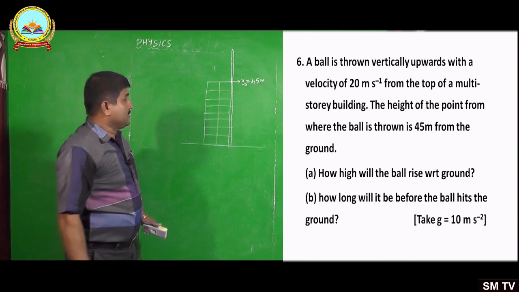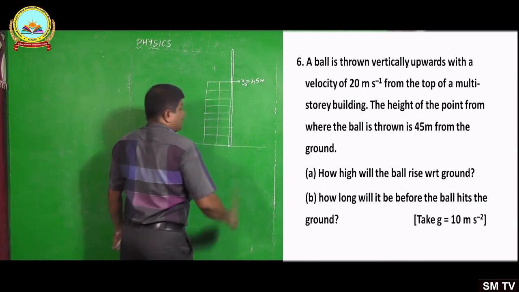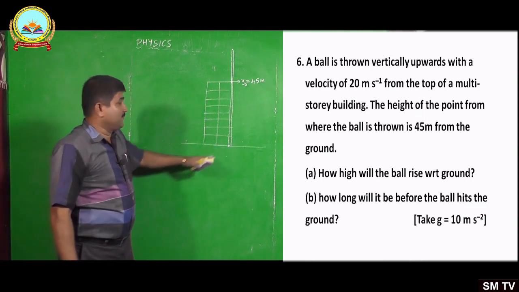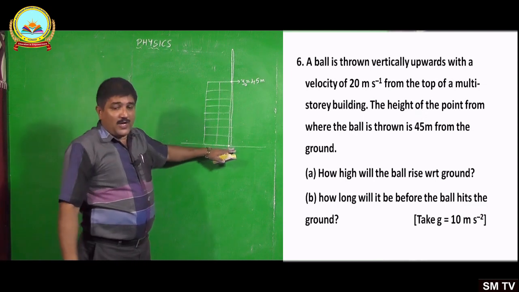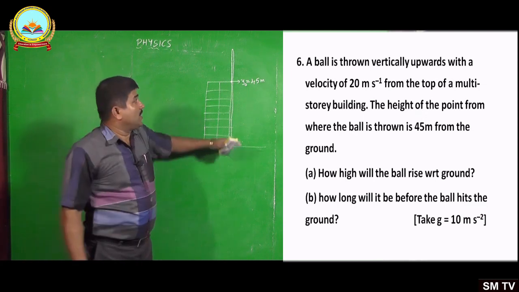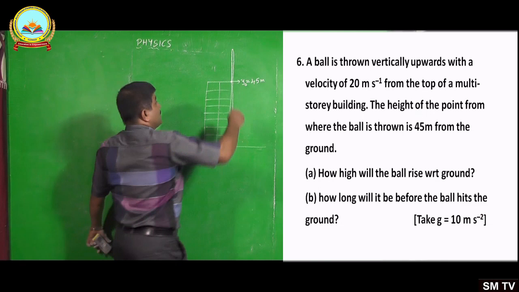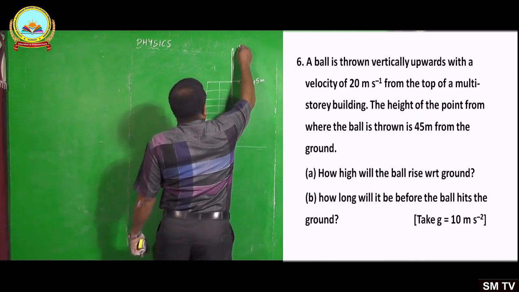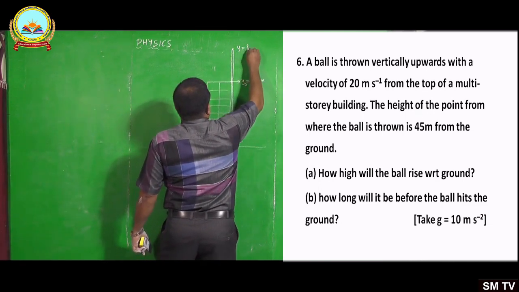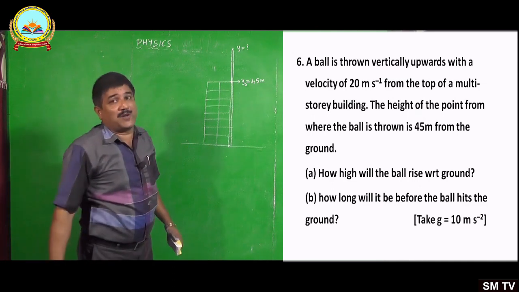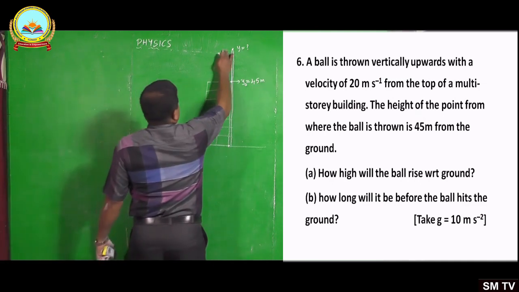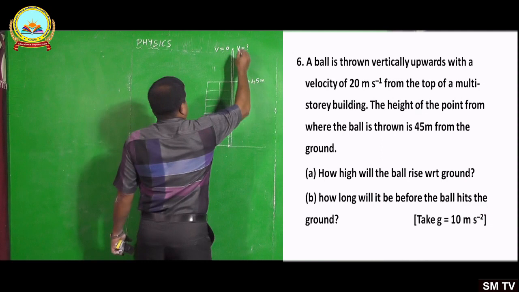And next, when it reaches the ground, we have to find out the total time, and also how much height. Okay, so the final position at this highest point I will take as y. At the highest point it stops for a moment, I discussed in the previous questions. So v equals 0 at this point.